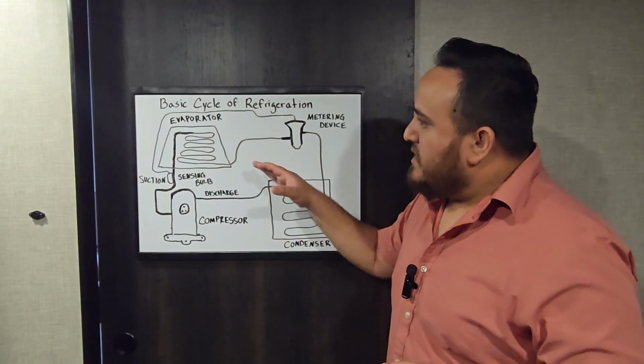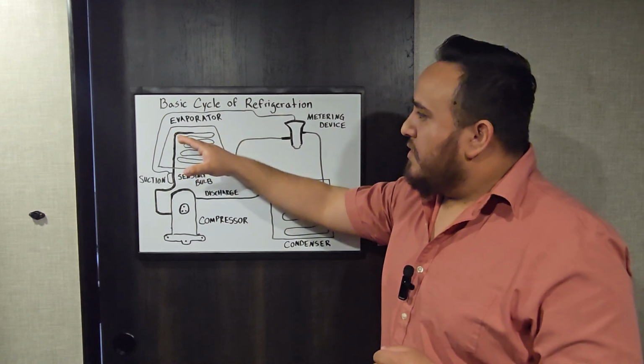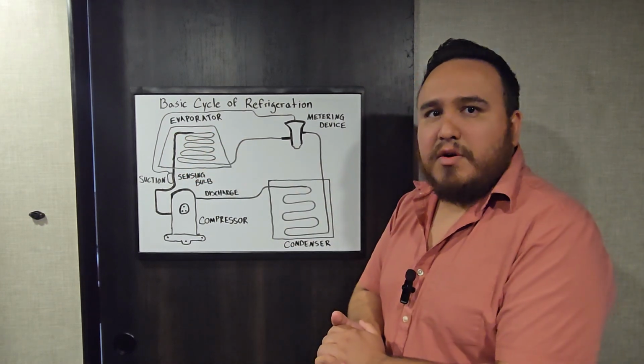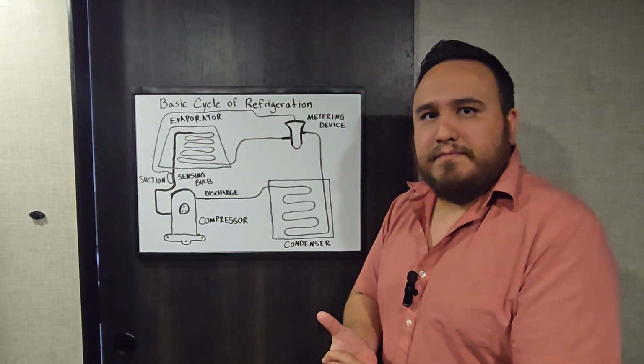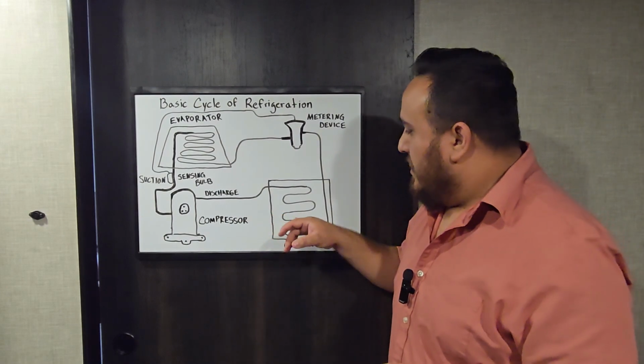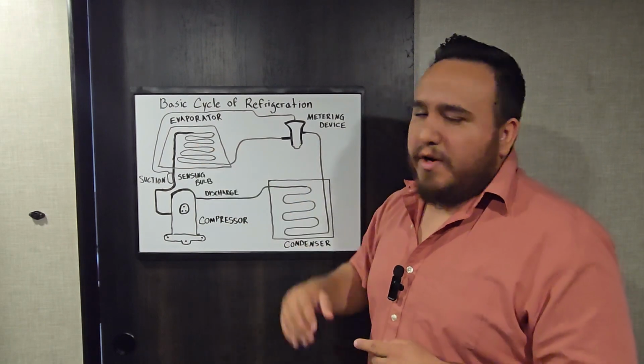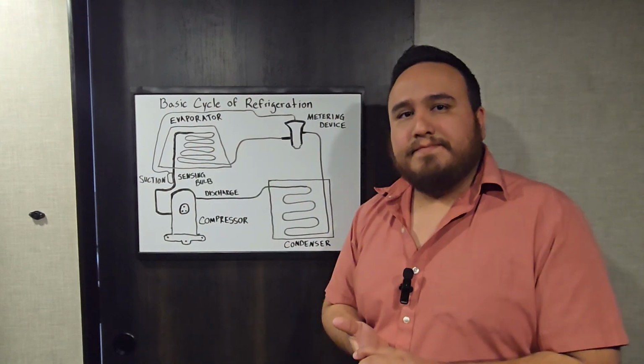All right. So as it's going into my evaporator, that refrigerant starts to have what's called a change of state. So we have a change of state inside of my condenser, and we have a change of state inside of my evaporator. What do I mean by a change of state?